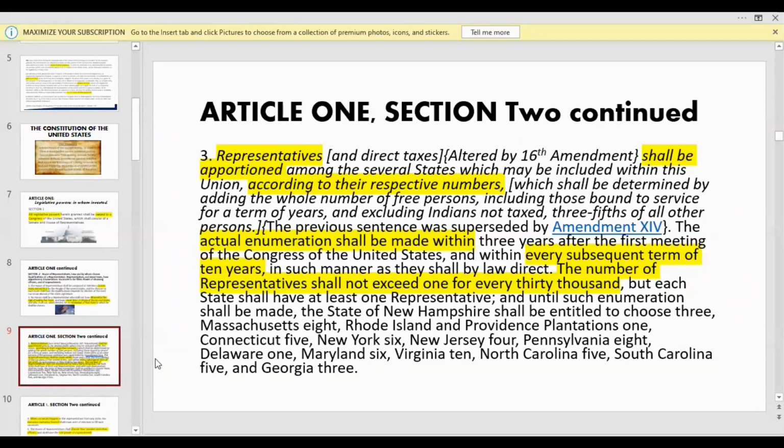The northern states said, we'll let you count your slaves as a complete whole person as long as you give them all of the rights of a whole person. The southern states said, well, no, we won't do that.